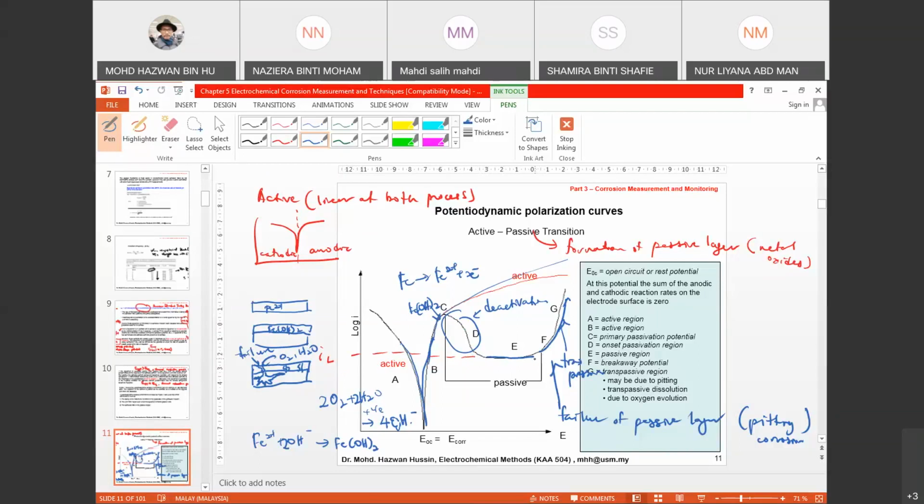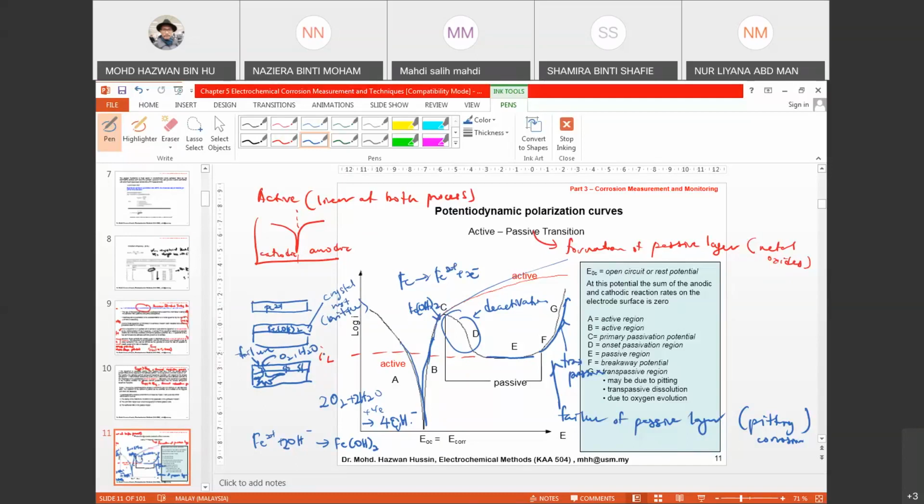Since the passive layer is made from metal oxides, it still has a tendency to become cracked or damaged, because this is a crystal structure, a crystal rust. So it has brittle properties. When you have brittle properties of a crystal, it can crack, it can fail.